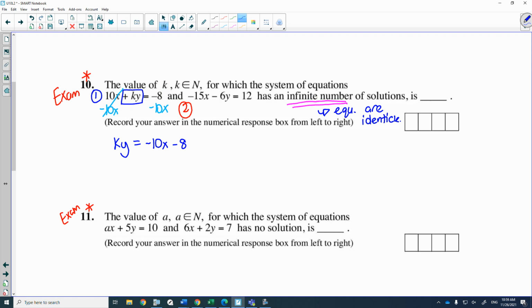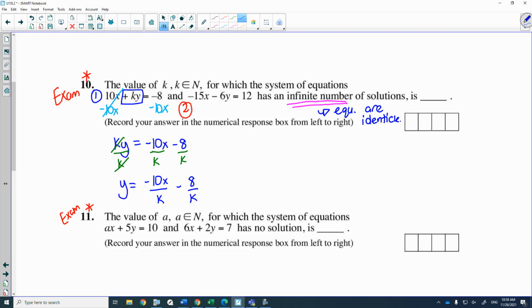My y is still not isolated. What do I have to do to get that y isolated? Get rid of that k, divide by k. So divide this side by k, this side by k, and this side by k. Now I've got my first system: y is equal to negative 10x over k minus 8 over k.